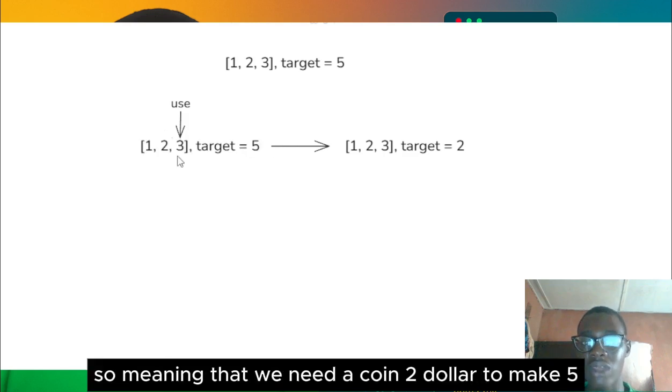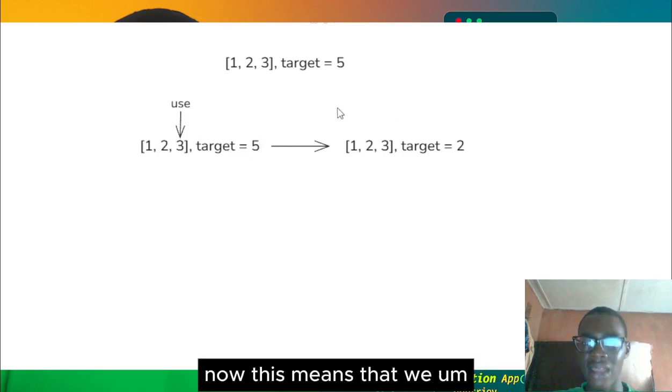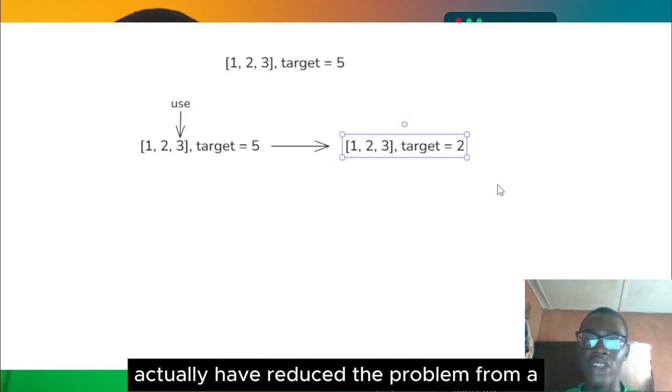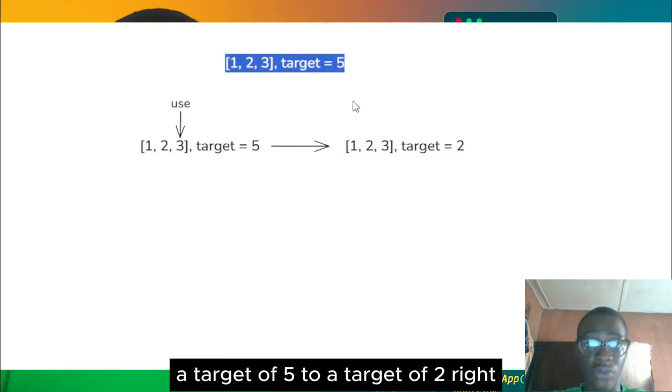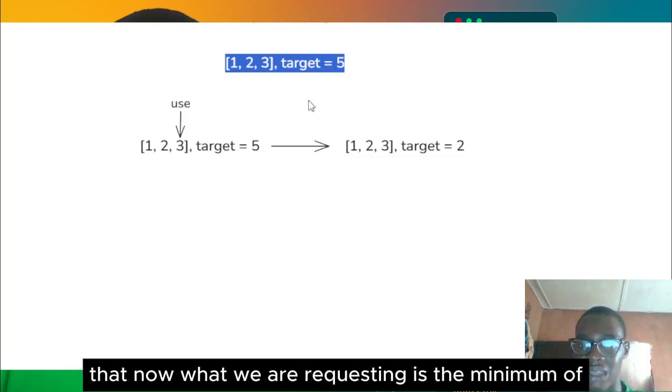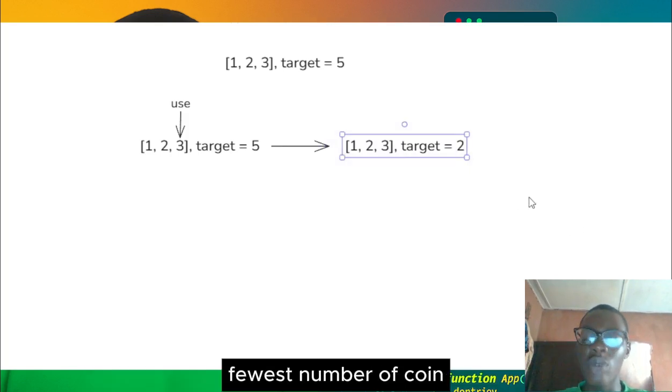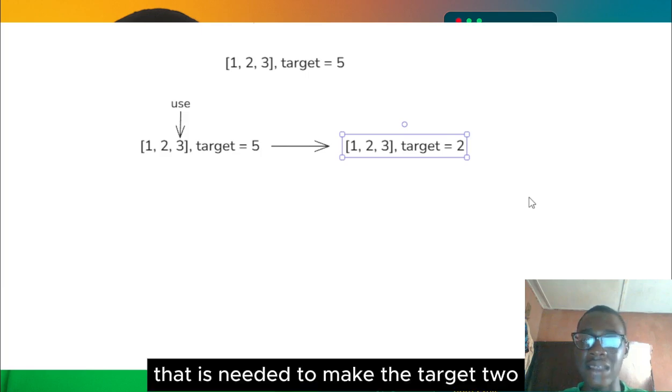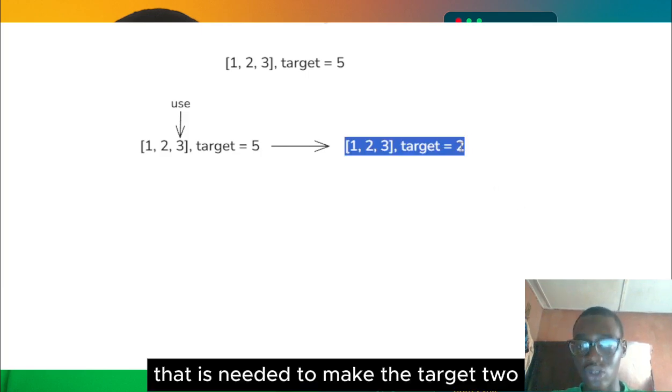So meaning that we need a coin 2 to make 5. Now this means that we actually have reduced the problem from a target of 5 to a target of 2, right? And meaning that now what we are requesting is the minimum or fewest number of coins that is needed to make the target 2.